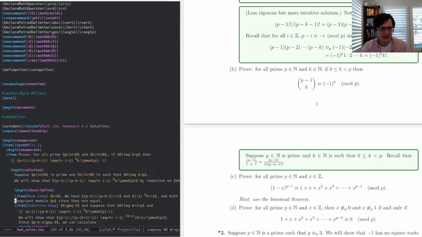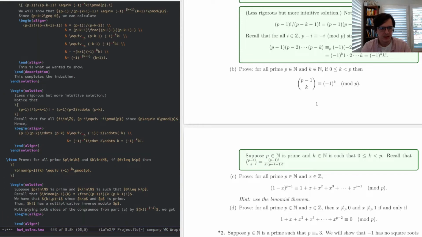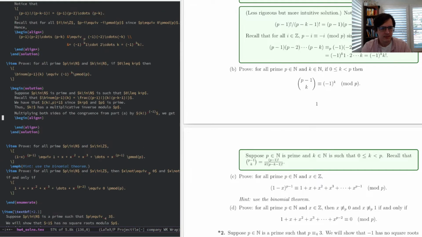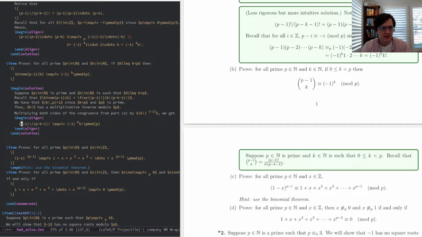what do we get? Let's just copy it. So I'm going to write it as a fraction. So we're setting it off like this, and then k factorial to the minus 1, that's the inverse.